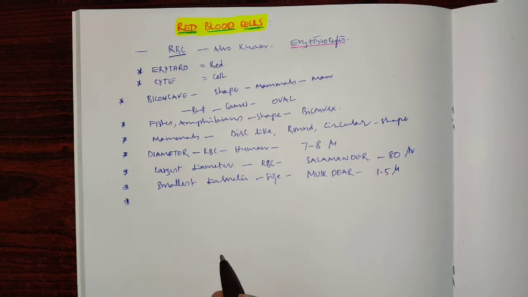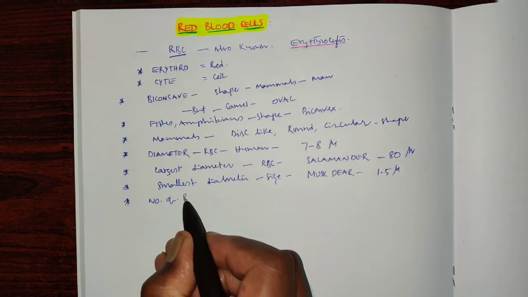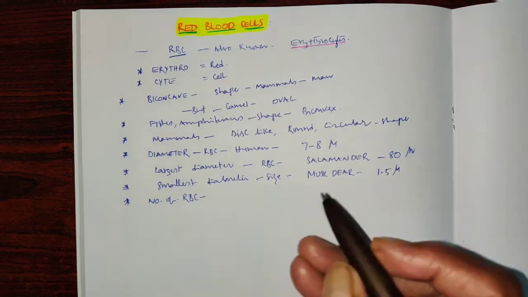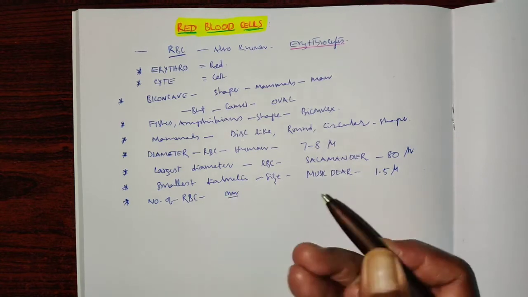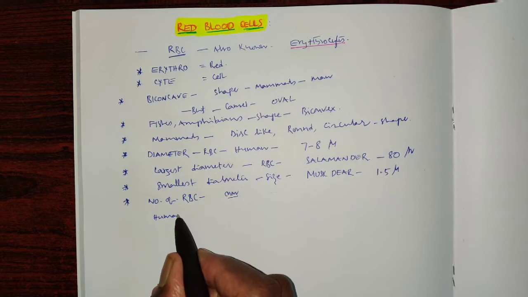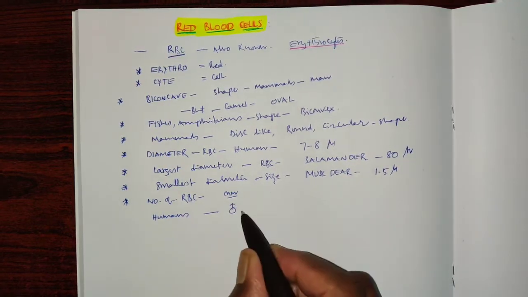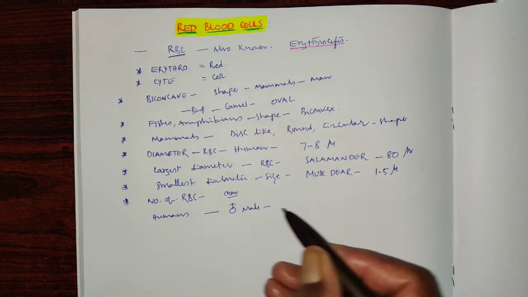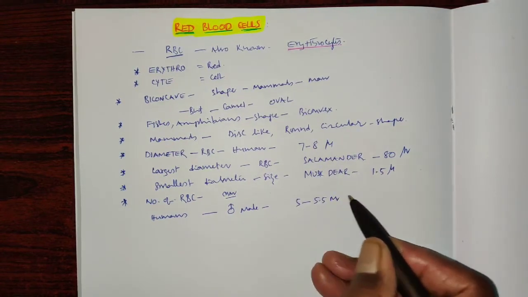Coming to the number of RBCs, red blood cells per cubic millimeter of blood. In humans, that means in males, about 5 to 5.5 million.